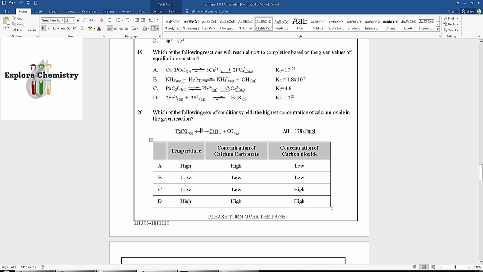Concentration of calcium carbonate, if it is increased, the reaction will move in forward direction. So in both A and D, higher is written. Concentration of carbon dioxide should decrease so that reaction will move in forward direction. So correct answer is option A. Temperature should increase, calcium carbonate should increase, but carbon dioxide should decrease.